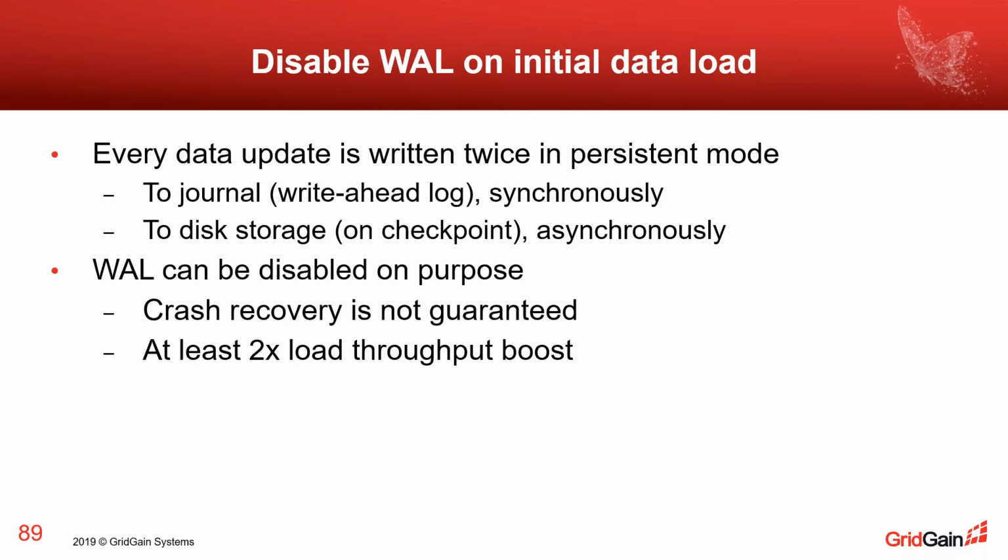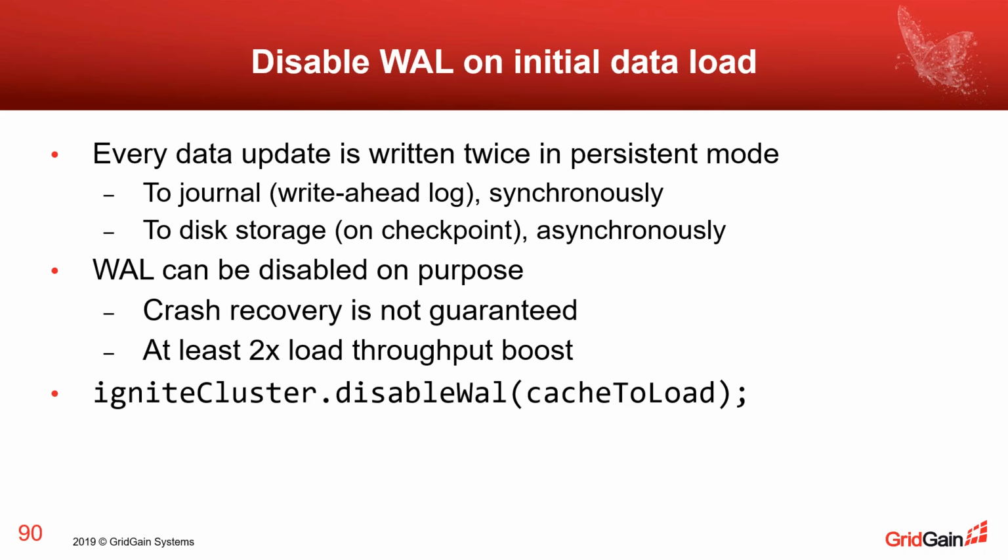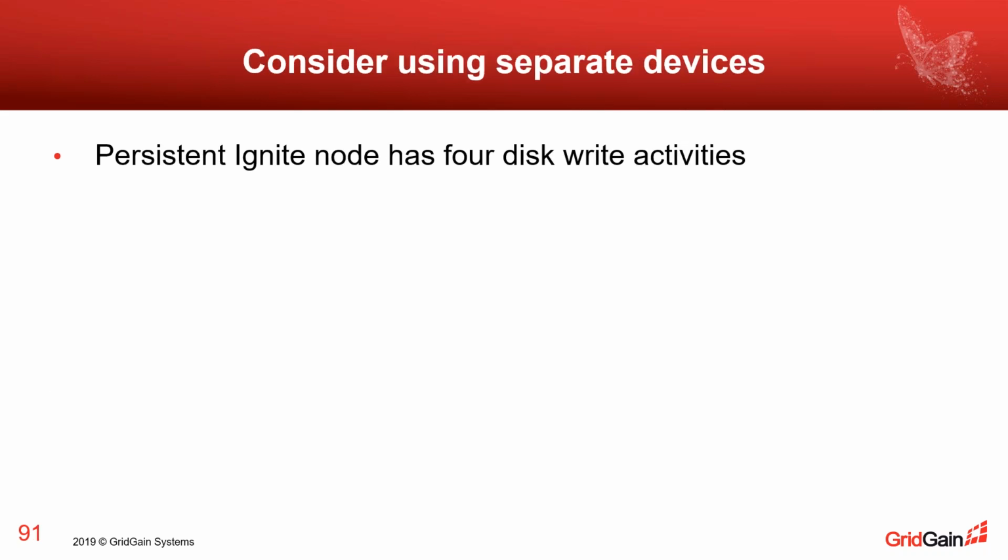The typical pattern is: disable write ahead log, load your data, enable write ahead log, and start performing in a production way. You can do it with the following API call. You may call Ignite cluster disable write ahead log plus a cache name, and your loading speed will surely increase.